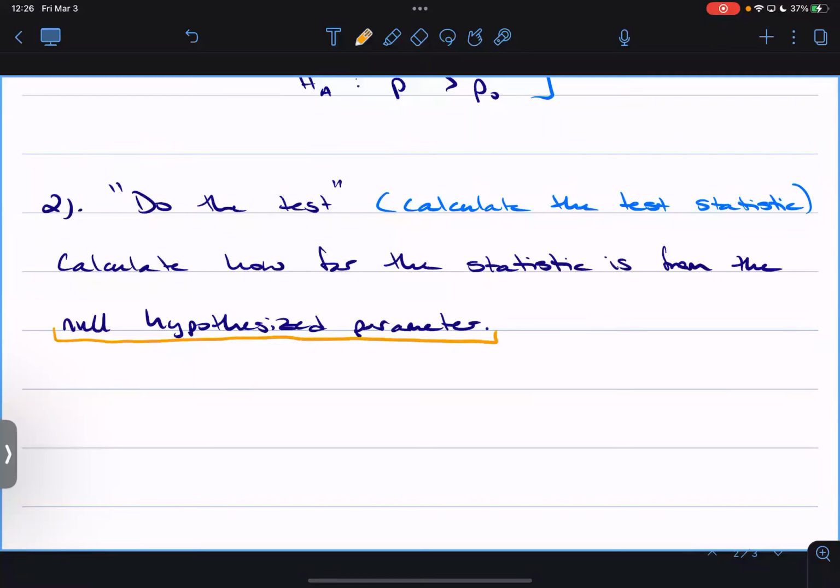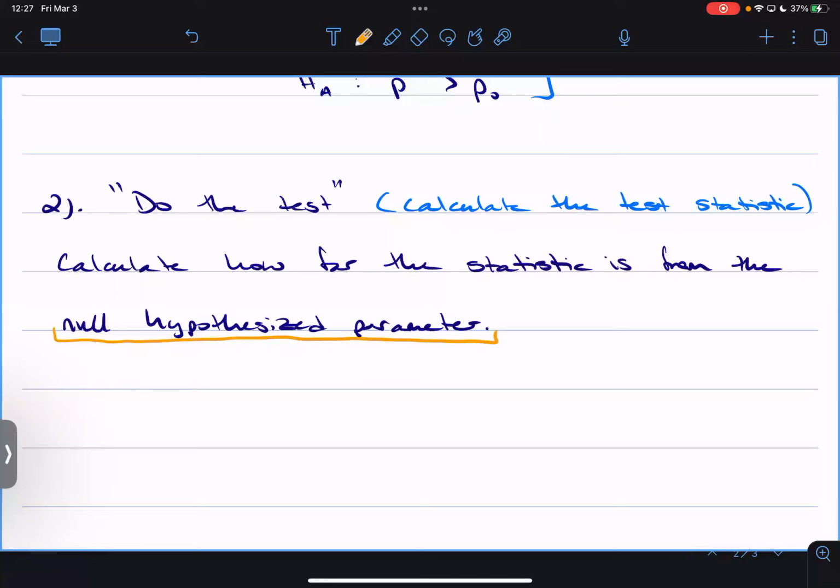The reason it's the null hypothesized parameter is because we do all our testing assuming the null hypothesis is true, right? We're talking about a single proportion. How does it compare to 0.5? Well, if I want to show that it's greater than 0.5, first I have to assume that it's not different from 0.5. It just is 0.5.